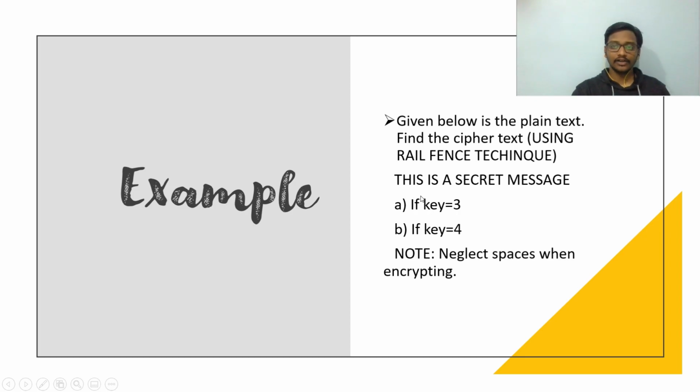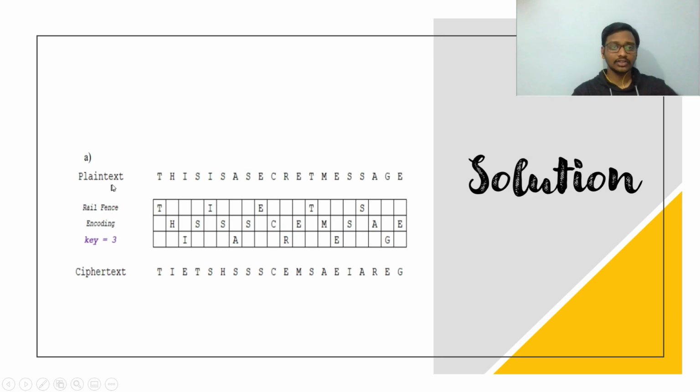Now we will go to the solution part. Here is the plain text, and as I said earlier, we make the group of words into a group of characters. Here the key equals 3 for the first question, so we have to arrange 3 rows because the key equals 3.